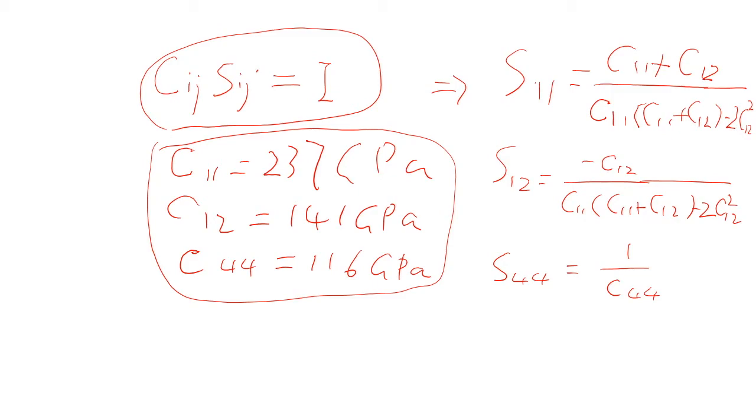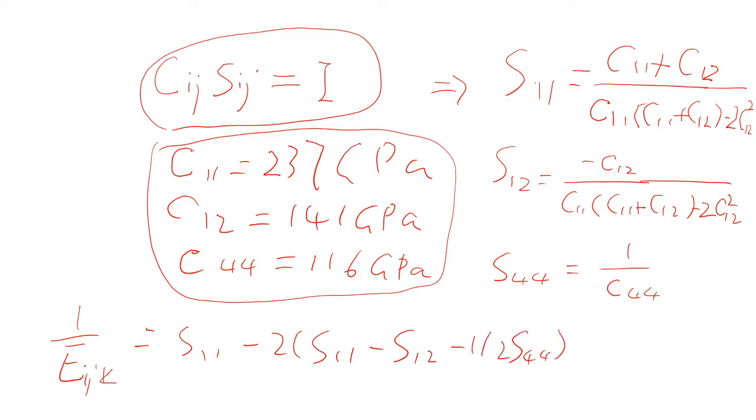Yeah, and then we can use the equation here: 1 over E equals S11 minus 2 times S11 minus S12 minus one half S44, multiplied by l1 squared l2 squared plus l2 squared l3 squared plus l3 squared l1 squared.